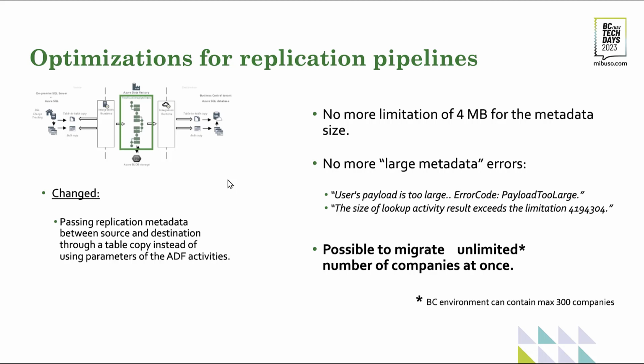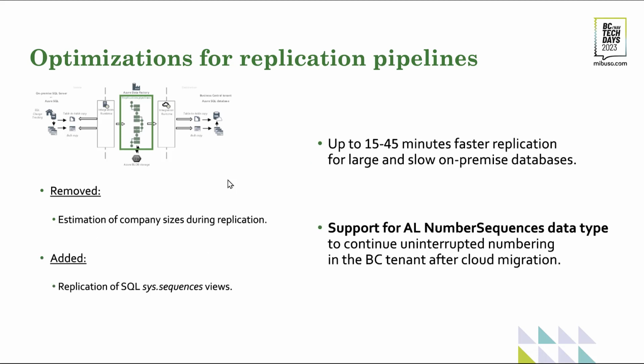Apart from this, we also removed the calculations on the on-premise database size from the replication runs. This calculation is done once during the cloud migration setup, and not repeating it during replication can save between 15 and 45 minutes for large source databases and reduce the probability of timeouts.